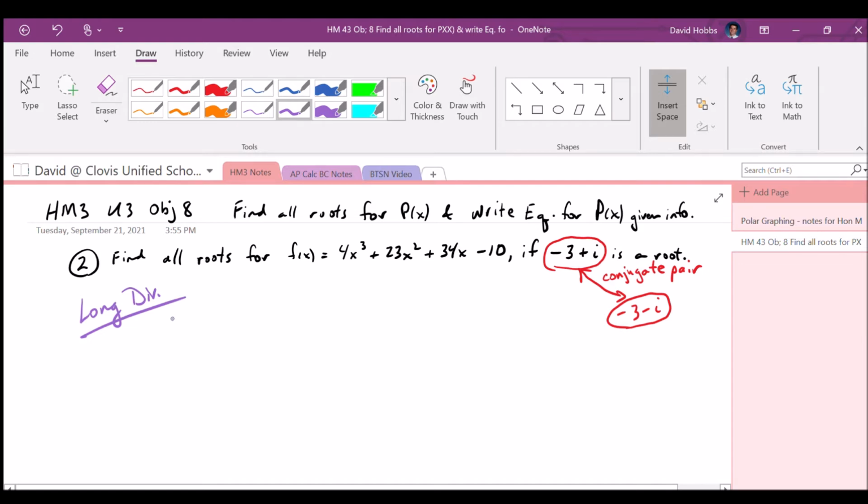So what we do is x equals the conjugate pair, so negative 3 plus and minus i. And so we're going backwards of solving by completing the square. So let's get the plus or minus thing by itself. So I'm going to add 3.